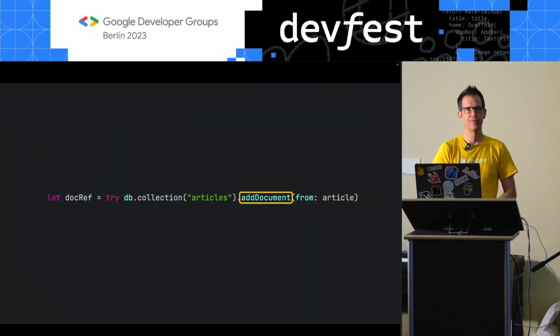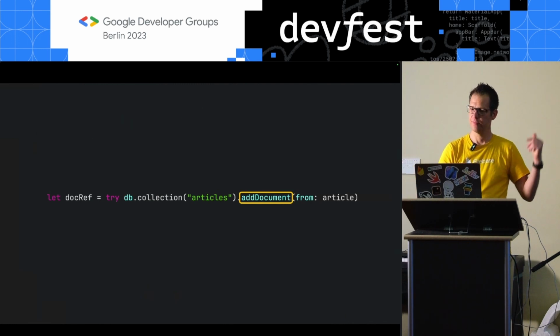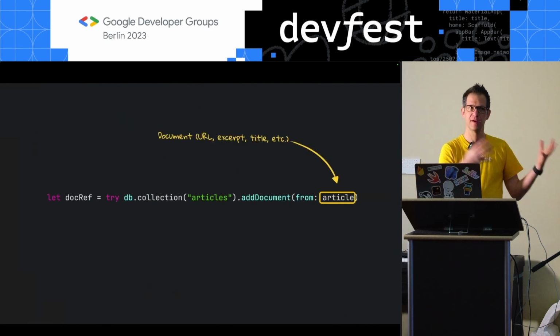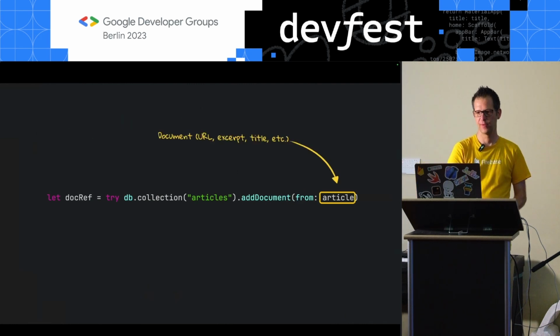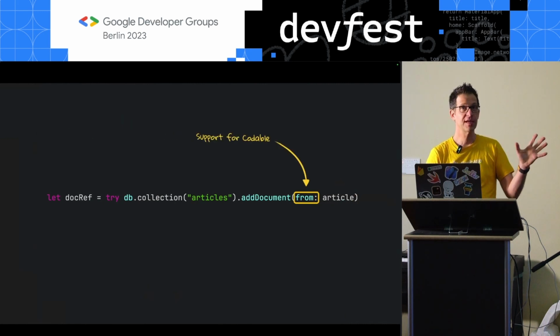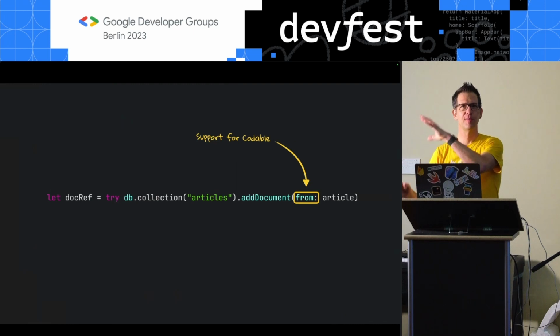Adding stuff to Firestore is pretty straightforward. So here we can see how we would add a document. You make a call to add document, and you pass in an instance of this document struct. The good thing is that you don't have to do the mapping manually.